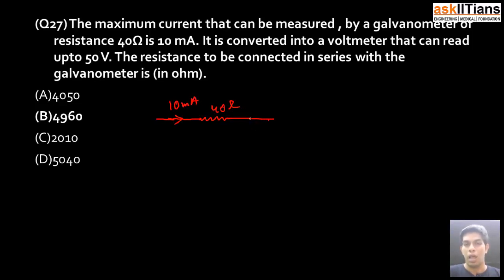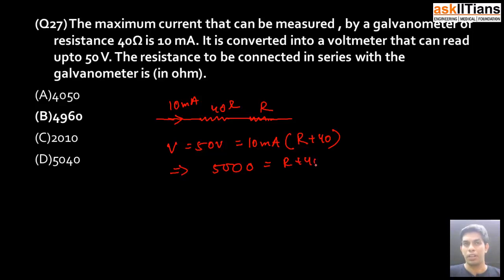Now we need to connect some resistance in series with it such that it's able to read 50 volt, that is V is equal to 50 volt, and this has to be equal to 10 milliampere times, let's say, R plus 40. So solving this, it will give me 5000 equals R plus 40, which implies R is equal to 4960 ohm. Hence, B is the correct answer.